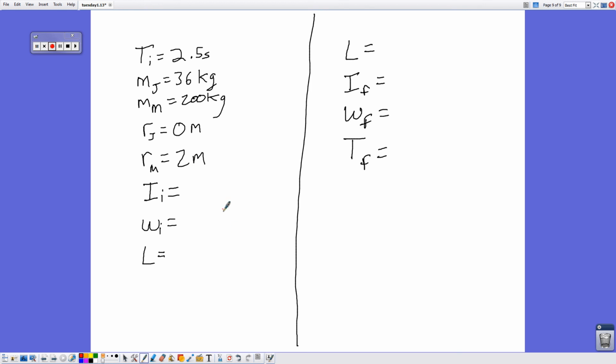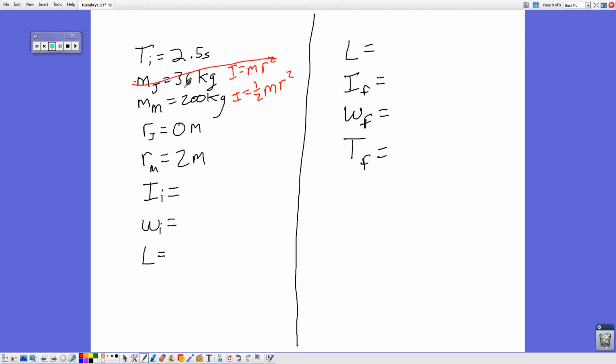Alright, so, you're done. Okay, let's see what we got. Well, let's see. Point mass, that says I equals mr squared. And a cylindrical disk rotating about its center, that's 1/2 mr squared. Alright, so I equals mr squared, where r for Joey is 0, so there is no moment of inertia because of Joey.